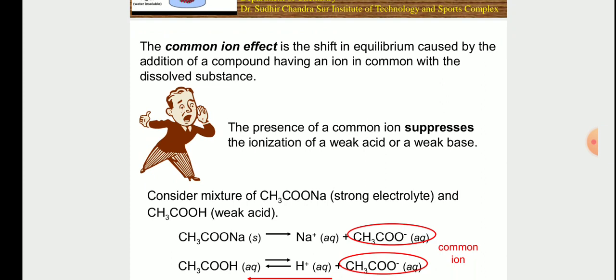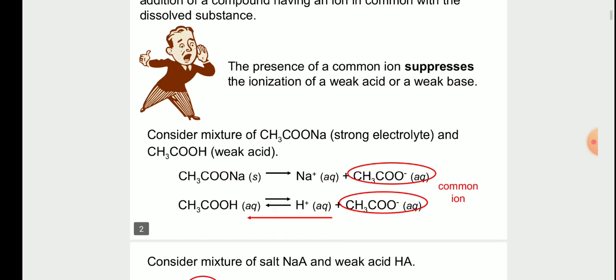That's why the number of H+ in the solution will be low, and that's why it is a weak acid. So very simply, a strong acid has a higher extent of dissociation, and a weak acid has a degree of dissociation, not complete.